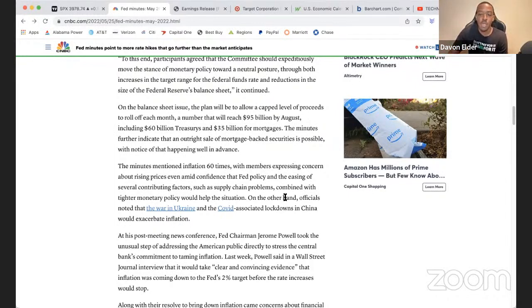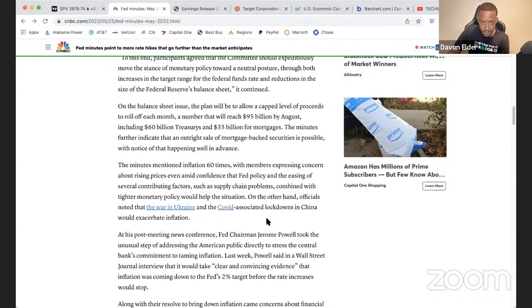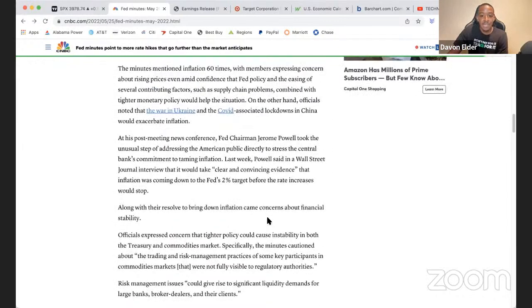The reason is these COVID-associated lockdowns in China. We still have a lot of economic activity and manufacturing over there. If China is operating from a zero COVID policy and shutting down plants, that's going to affect what we estimated for the economy at the end of the day.